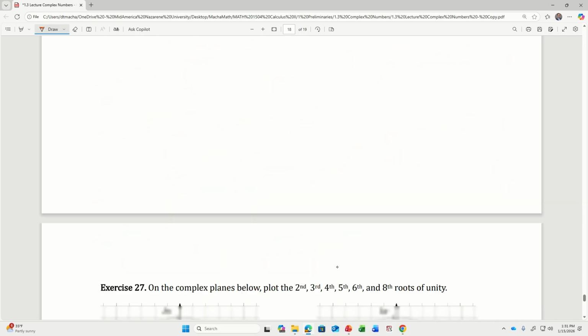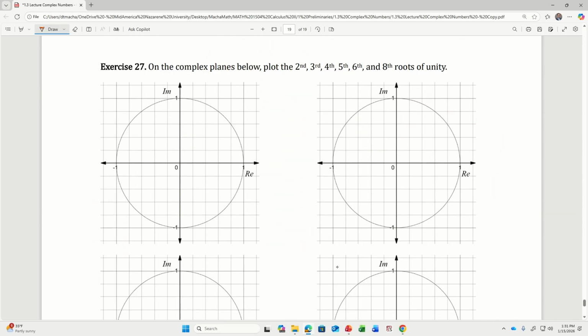The locations of these guys on the plane are really cool. This isn't going to take me long. I'm sorry, I'm going over class. But here's the square roots of unity. Here are the cube roots of unity.